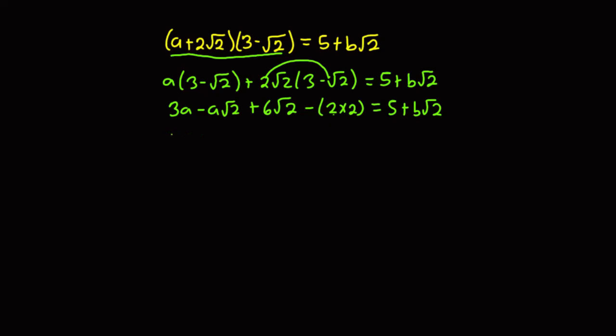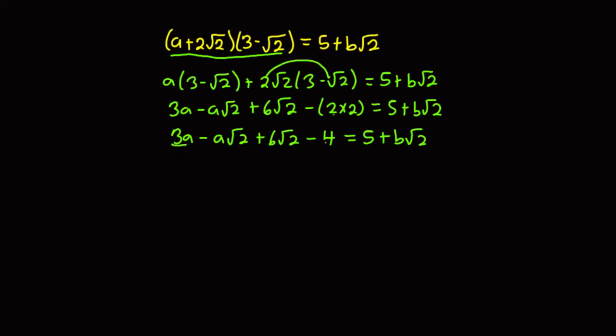So this gives 3a minus a root 2 plus 6 root 2 minus 4, and this is equal to 5 plus b root 2. Now I'm just going to group all surds to one side, grouping like terms, surds and then non-surds.